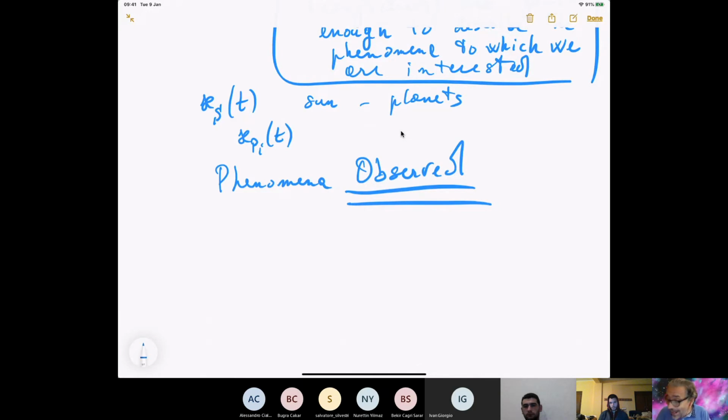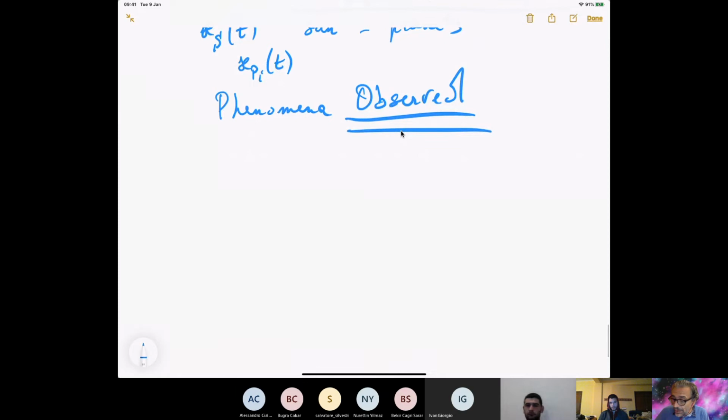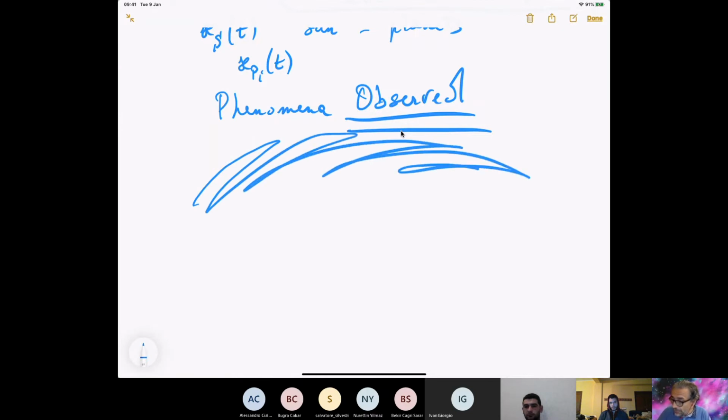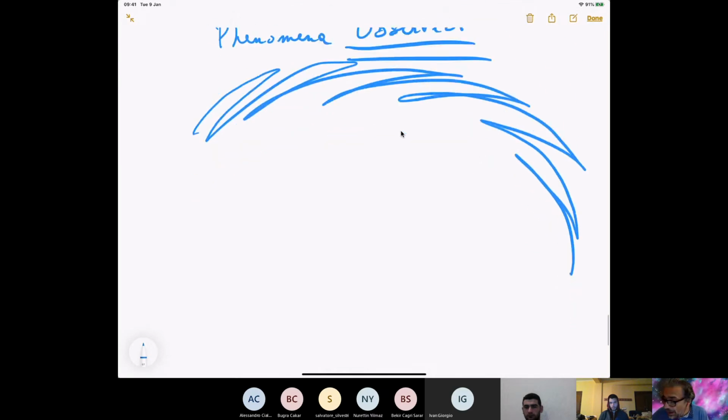Okay. Then, if you see Mercury, you see that the motion of Mercury is doing something like that with respect to the Earth. What is called retrograde motion. It goes back, forth, back and forth. So it is rather strange what is happening. Okay.